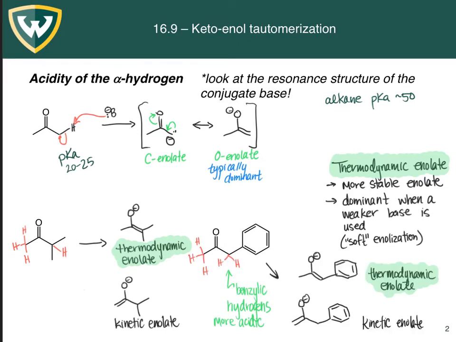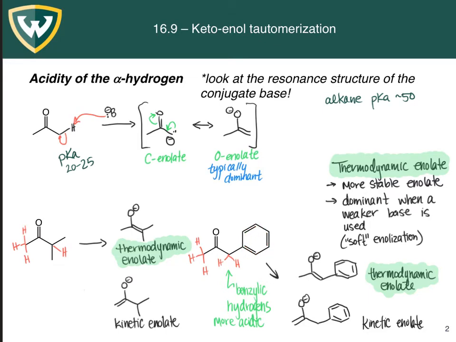In the next example, we can see that there are 3 hydrogens on one side and 2 on the other. These happen to be next to an aromatic ring, and so these are called benzylic hydrogens. This is the benzylic position right next door to a phenyl group. Those are more acidic because if you deprotonate one of these hydrogens, that anion would be stabilized by resonance forms through this ring.